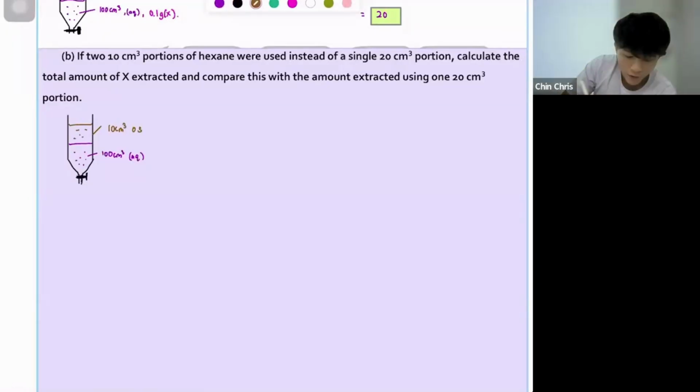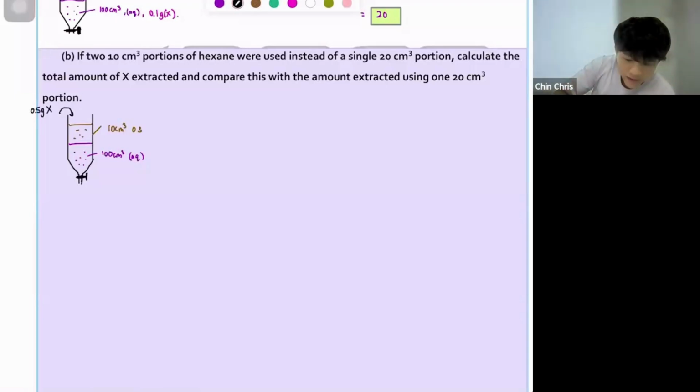Then I'm gonna do an extraction now. It is still 0.5 gram of X added.